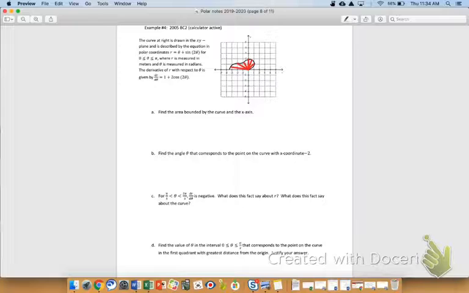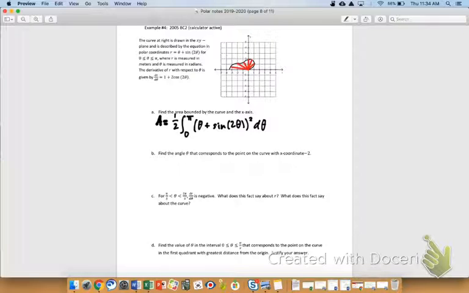So for A, the area equals 1/2 integral from 0 to pi of r squared, so that would be theta plus sine of 2 theta quantity squared d theta.